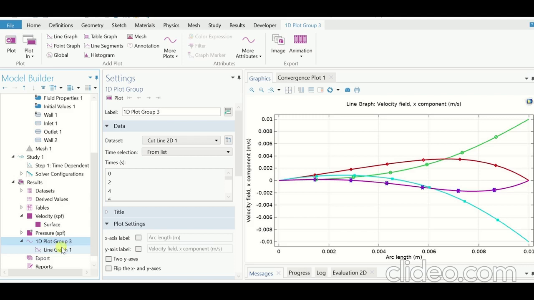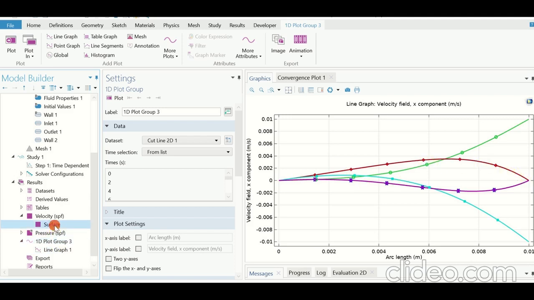Now this second line, this red line, is for 19.5 seconds. At this moment, the plate is at rest. It has reached the right side. Since the plate is at rest, the liquid adjacent to the plate is also at rest. However, the liquid below the plate is still moving with this velocity.